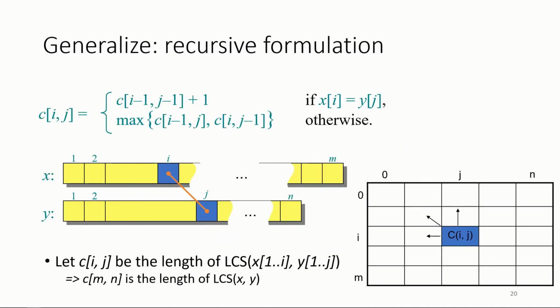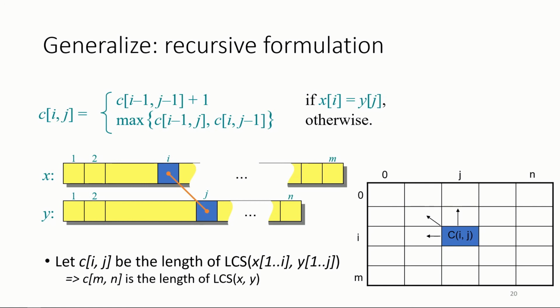Now that we know about two cases, we need to generalize the concept for not only the last character but also each character. And also, we need to store the result in some place so that we can reuse the result later. We will be using a 2D array called C of size m plus 1 by n plus 1 for this purpose.